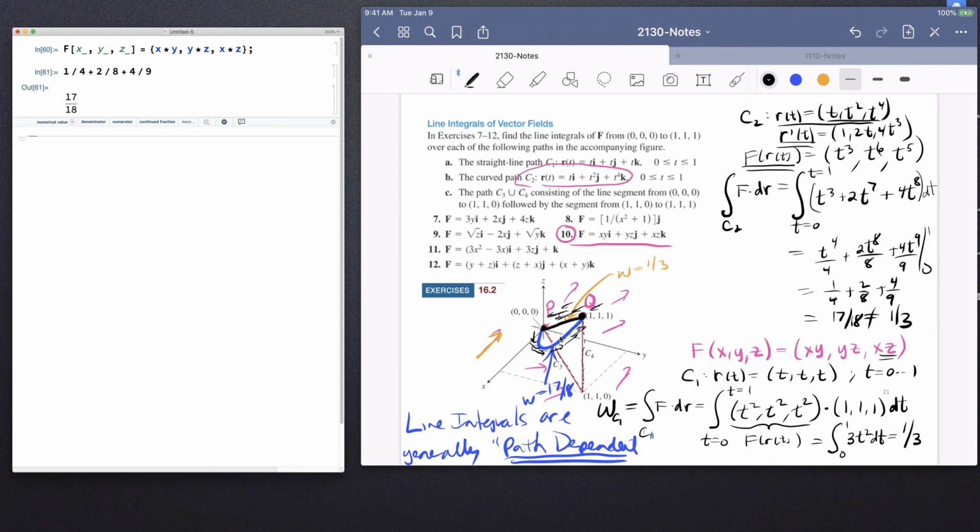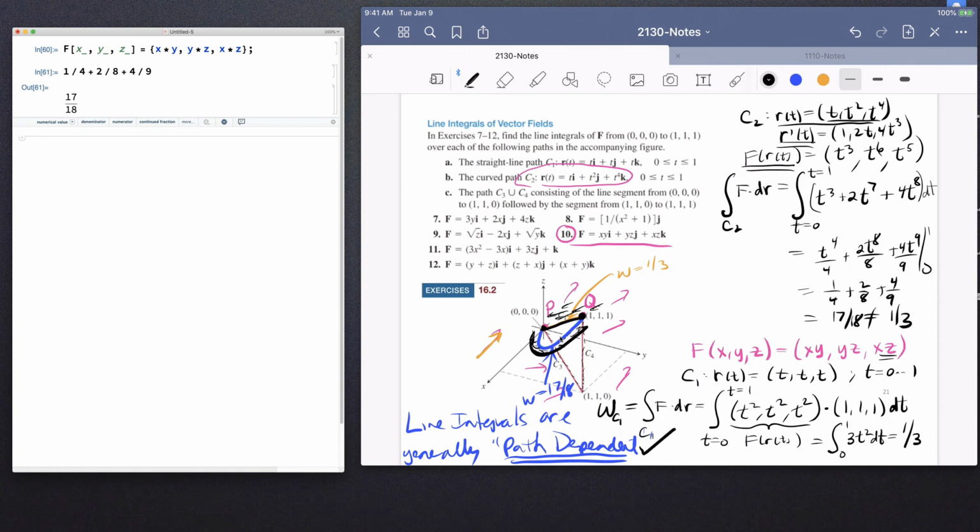So just based on the nature of the path itself, the vector field could be doing something very different, and the wind could actually be helping you up the hill. So that is just a general idea about why you definitely expect line integrals to be path dependent in general.